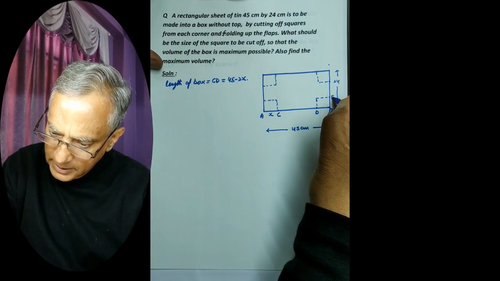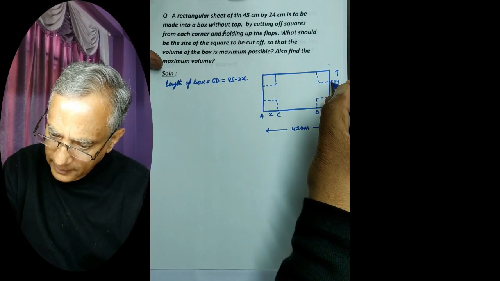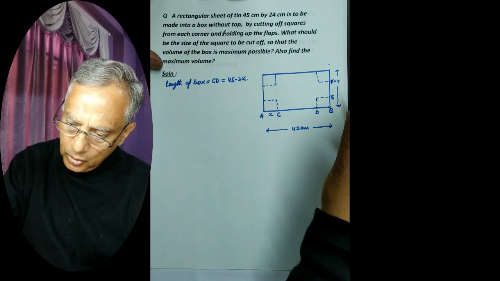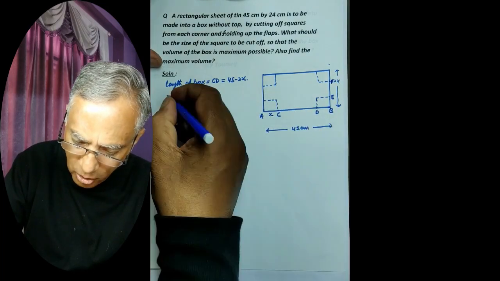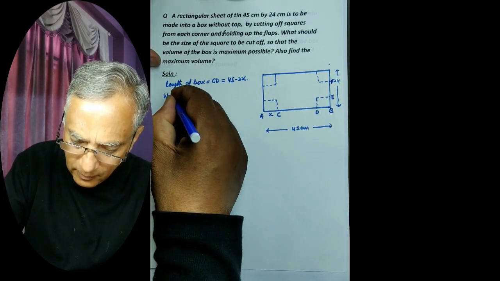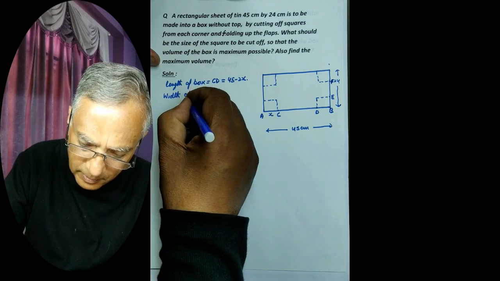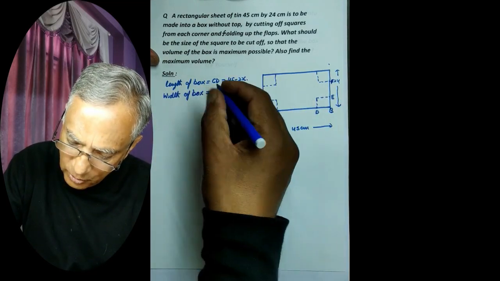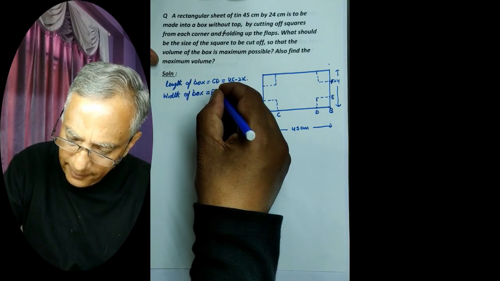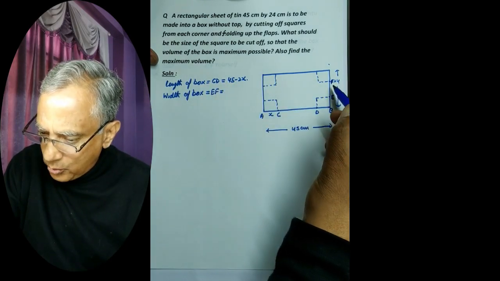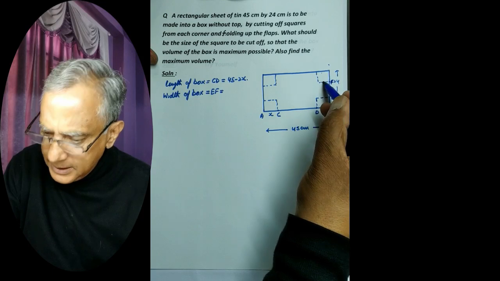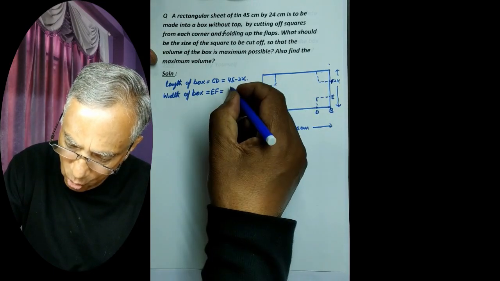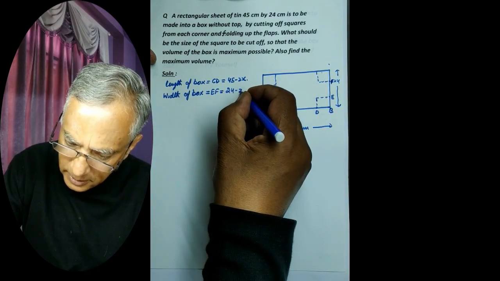Let this be E, this be F. So width of the box is equal to EF, and this will be equal to 24 minus 2x.